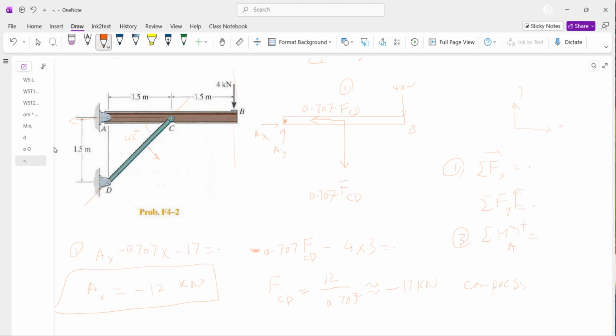And now the last, you can apply this condition to find out Ay.